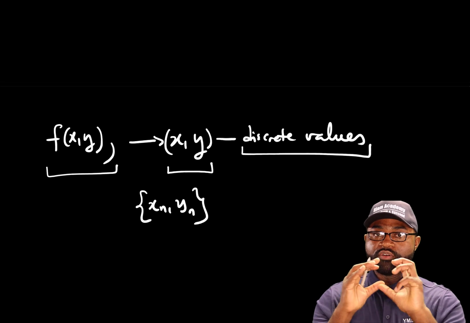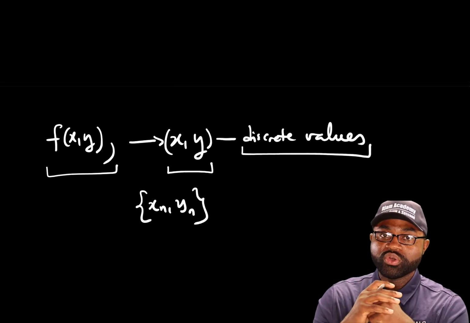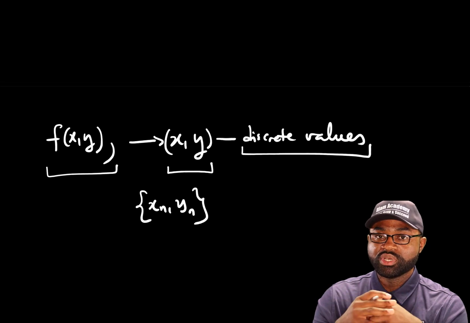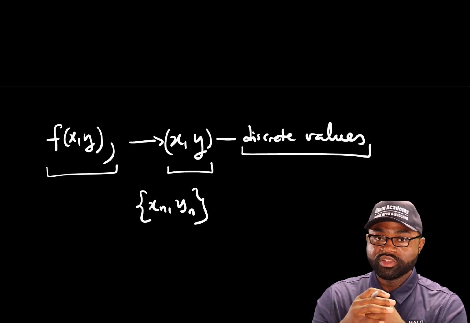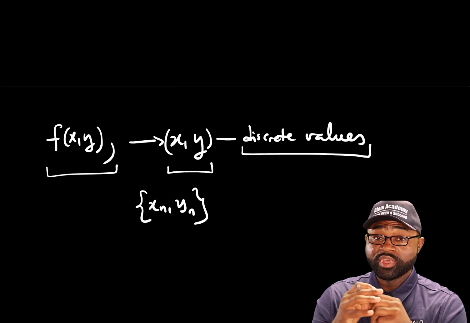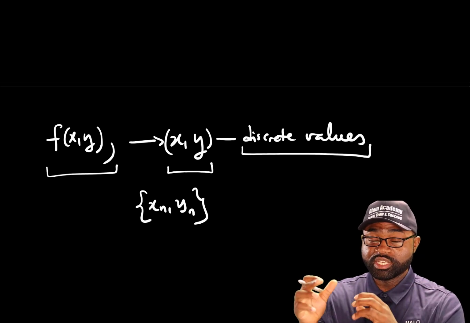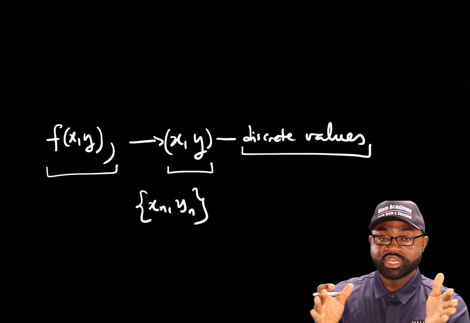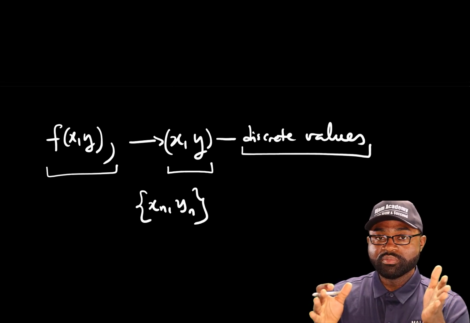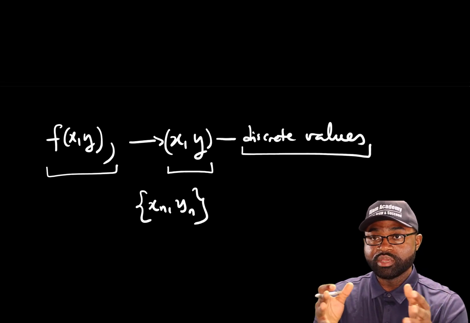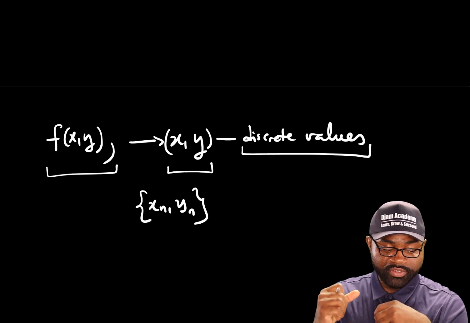A very common way to know that a signal is discrete is if the values of the independent variables are represented by a sequence. If they are, it means the values of the independent variables are discrete at points in time or in space.